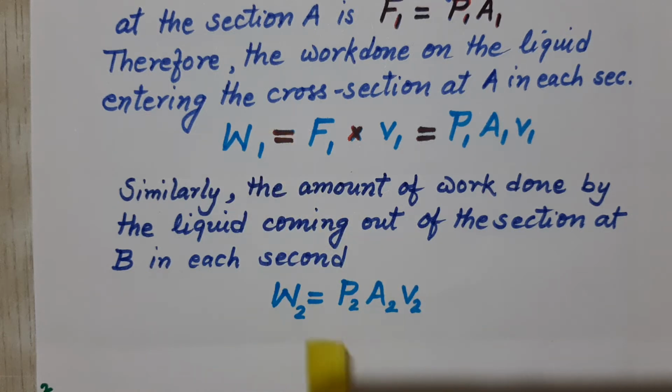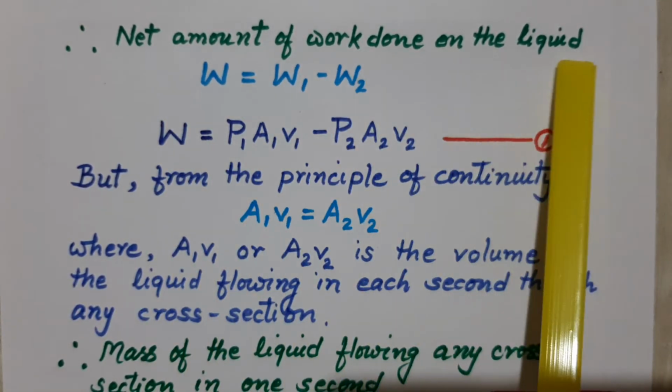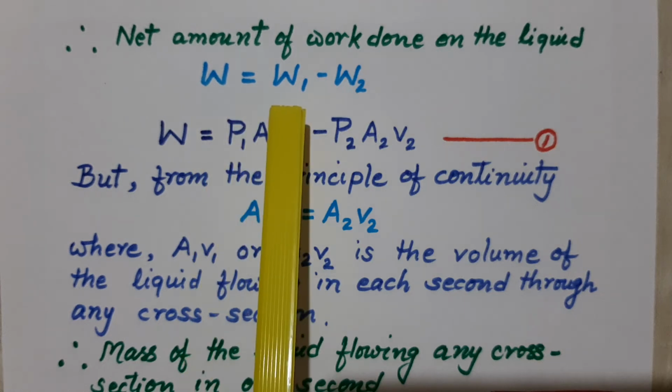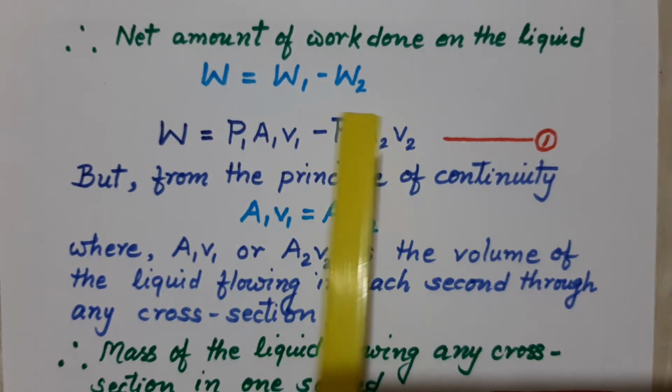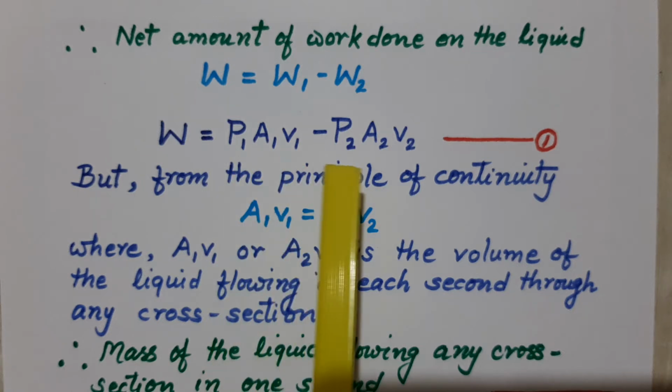Now the net amount of work done on the liquid, W equal to W1 minus W2. Then W equal to P1 into A1 into V1 minus P2 into A2 into V2.